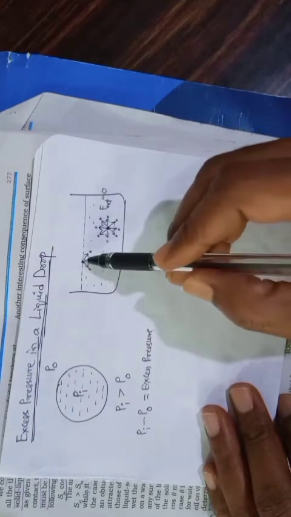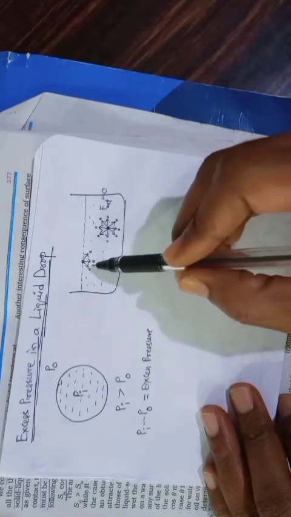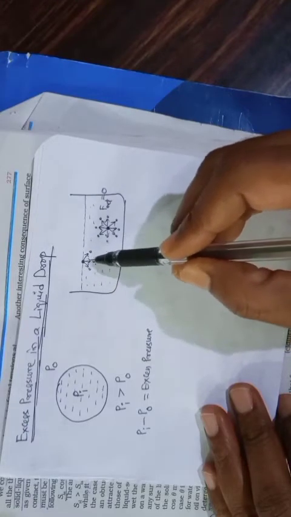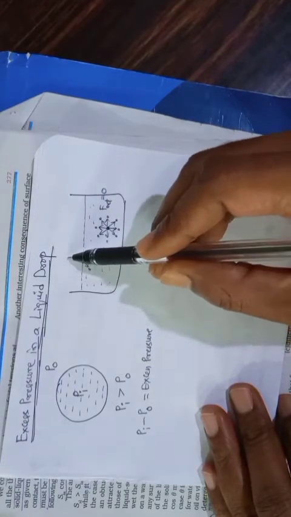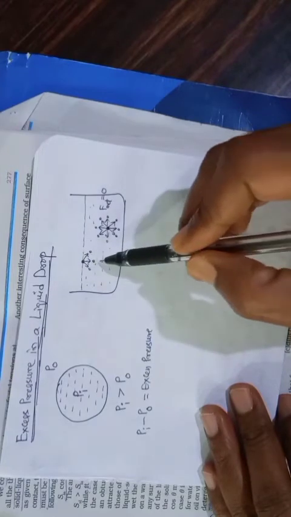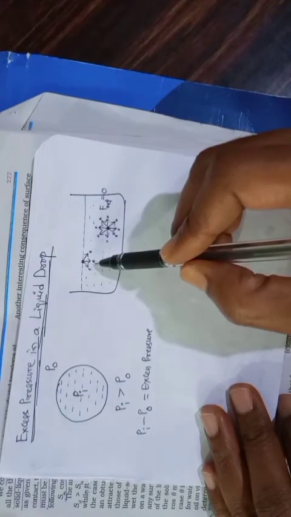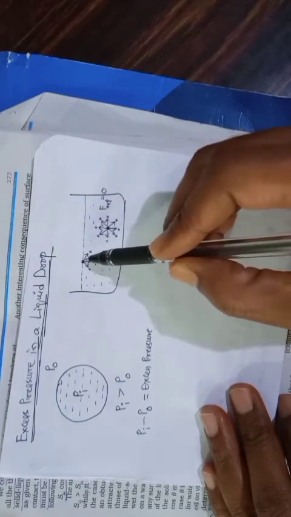But on surface molecules, only the molecules in the lower hemisphere are pulling. The upper hemisphere is empty.